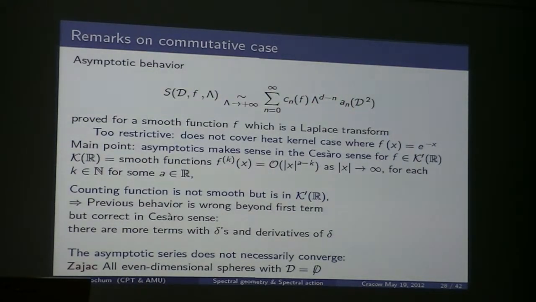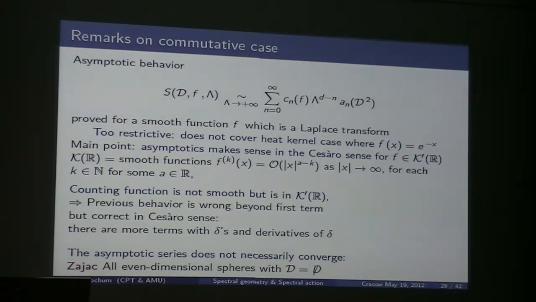this asymptotic expansion. So here the spectral action is not local. Spectral action is that; here this is something else. And with something else you can be in trouble because this asymptotic series does not necessarily converge. Namely, Arthur Zajac has proved that, for instance, in an easy case, all even dimensional spheres with d the usual Dirac operator have a divergent series here.